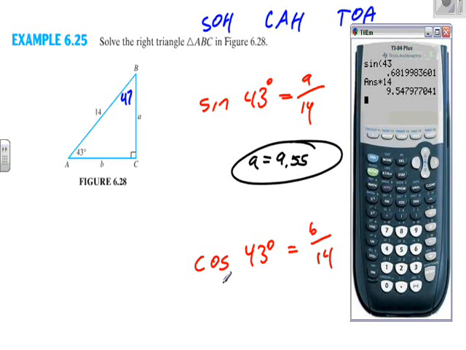And then for the other part, to find b, we need cosine of 43 times 14. Cosine of 43 is 0.73. Multiplied by 14, we get 10.24.